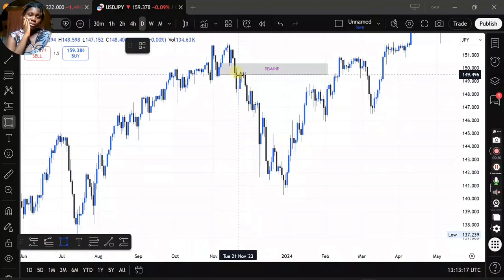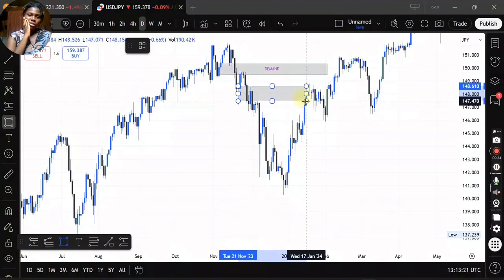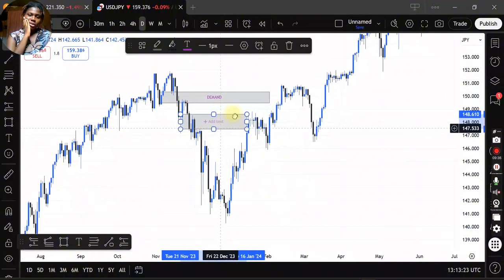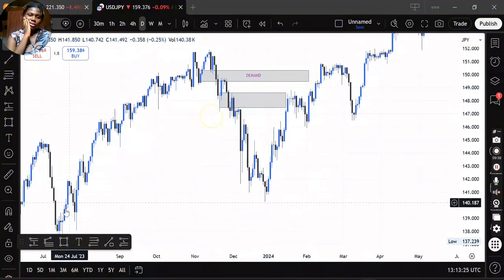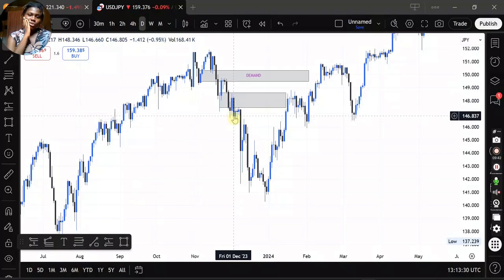I would have marked it from this, but that would be too close. I don't want anything looking too congested on the charts. And there, another demand. So I want you to also make this very practical by using your charts alongside. This is a whole lot, so we might just mark part of it.